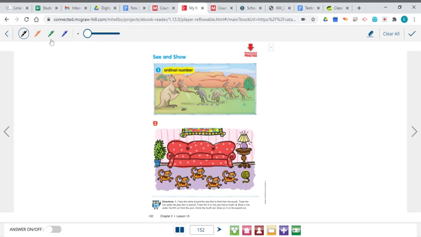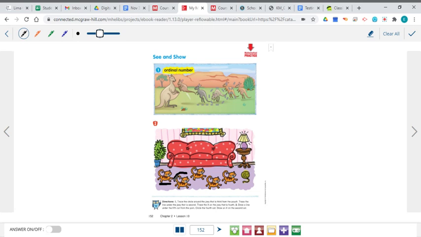So let me go up here and get my pen. And we're going to draw a line under the fifth cat. So here's the first one, second, third, fourth, and there's fifth. So we're going to draw a line under the fifth. The next direction says circle the fourth cat. First, second, third, fourth.